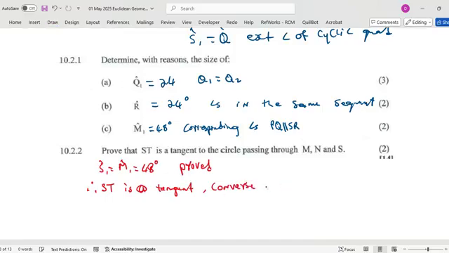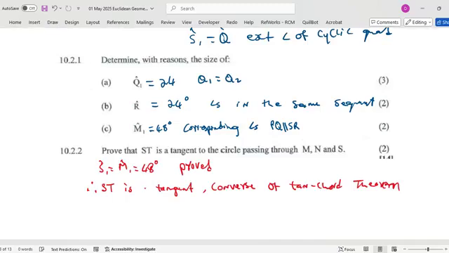Converse of tan chord theorem. Okay. That is my reason that is making me conclude that ST is a tangent.